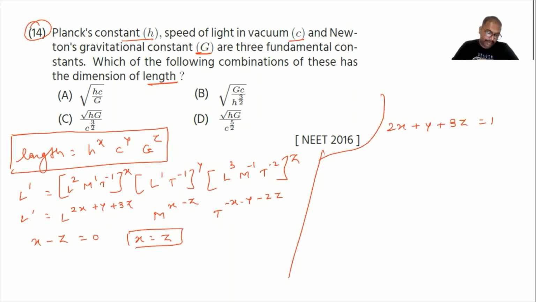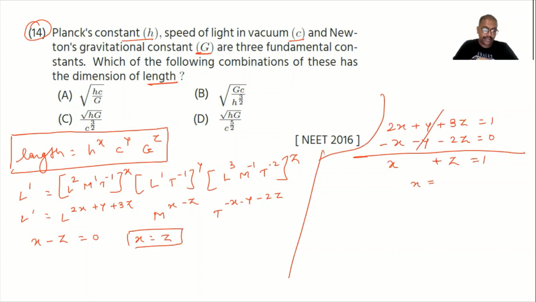By equating the power of T, I can write minus X minus Y minus 2Z is equal to 0. Now we can add these two, so Y gets cancelled. So X, then 3Z minus 2Z is Z, is equal to 1. So X plus Z is 1.